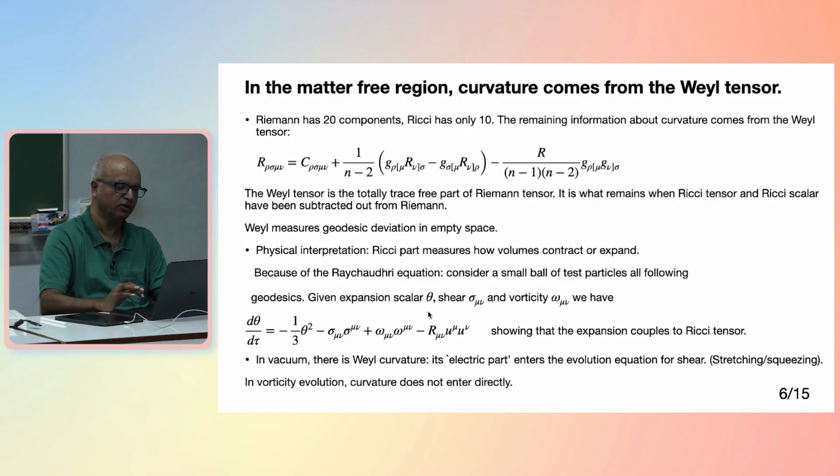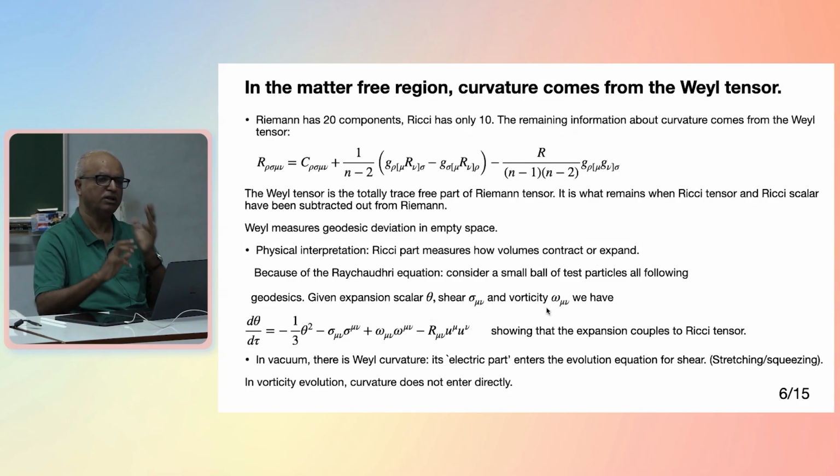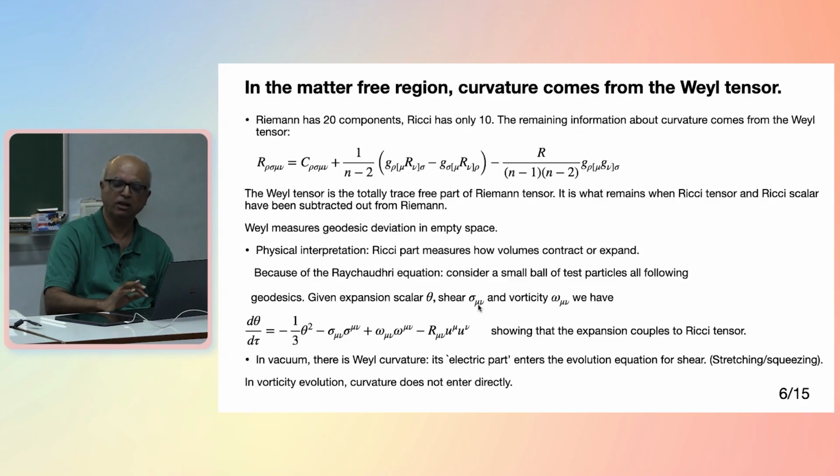Expansion is a scalar. The shear is a symmetric second rank tensor, the shear tensor. Vorticity, which measures rotation, is a second rank antisymmetric tensor. The shear tensor is also traceless. Shear tensor is symmetric and traceless. Its trace part is theta and vorticity is antisymmetric.